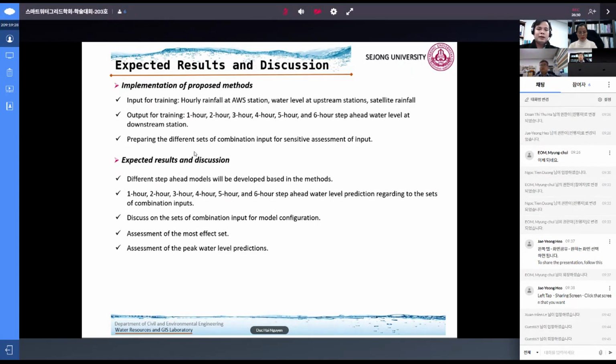I will find which input is the most effective in the basin by using AI techniques. And then from the models, I can assess peak water level prediction between the models to get some conclusions.